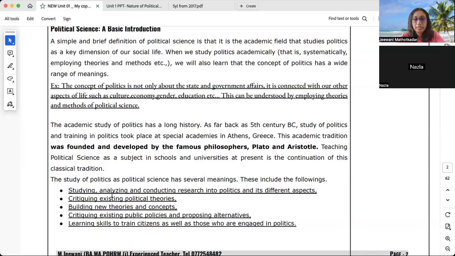Learning skills to train citizens as well as those who are engaged in politics.